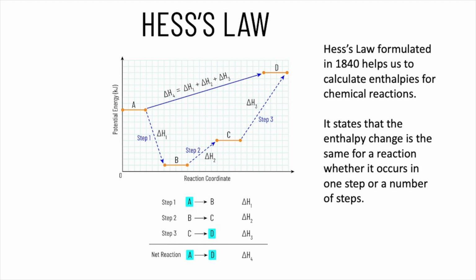So here we have A going to D, and the enthalpy for that, delta H4, is equal to delta H1 plus delta H2 plus delta H3. And that's because the enthalpy change to go from A to D would be the same if I went A to B to C to D, because it doesn't matter if I go in 1 step or a number of steps, the enthalpy change is the same.